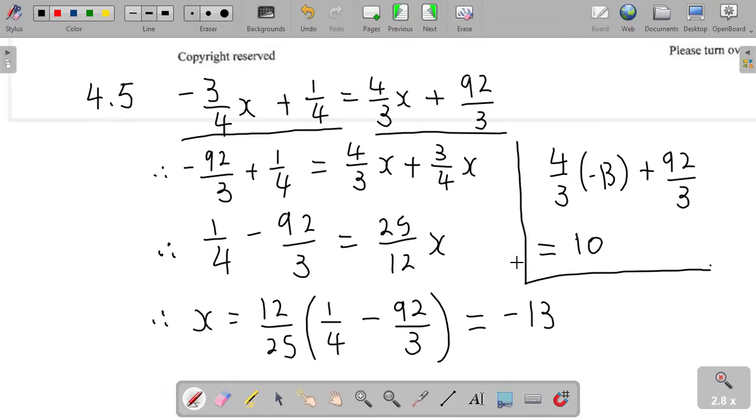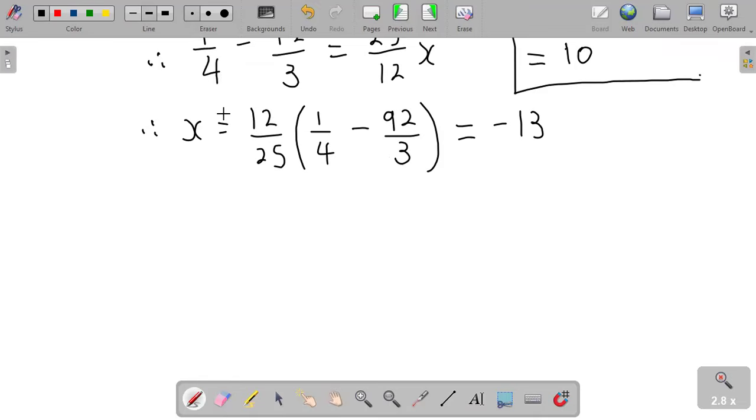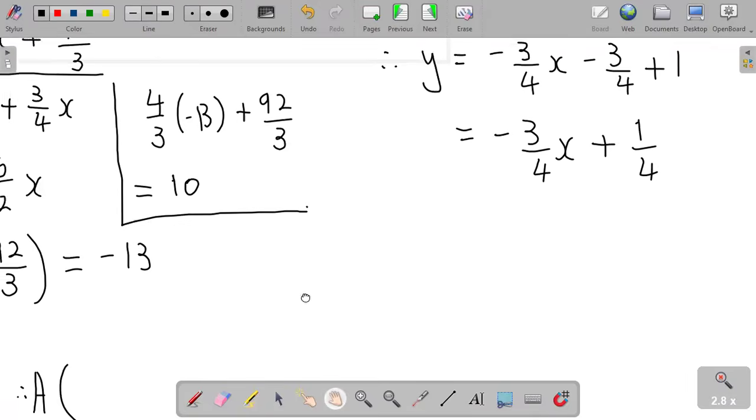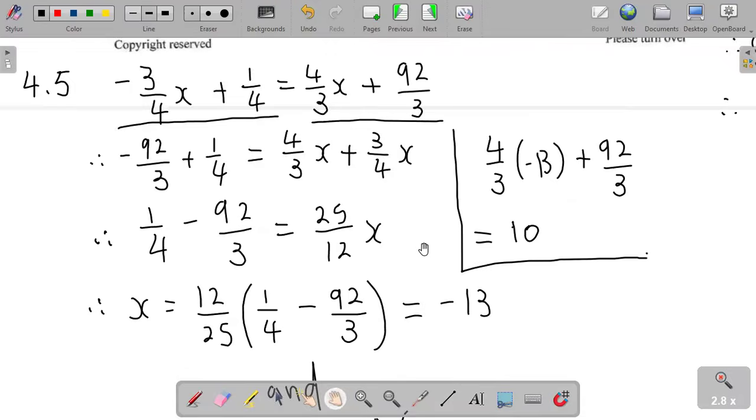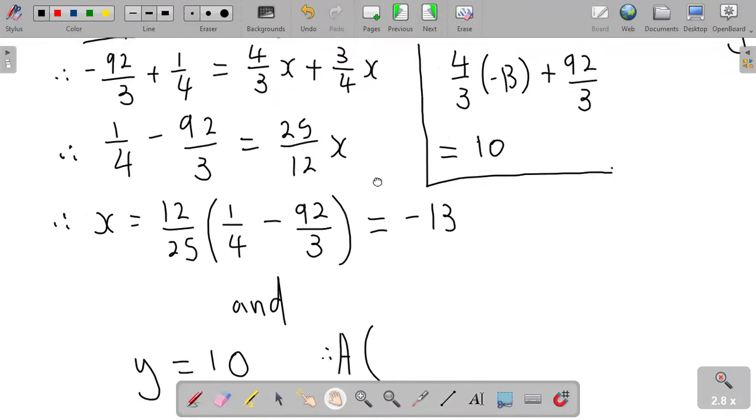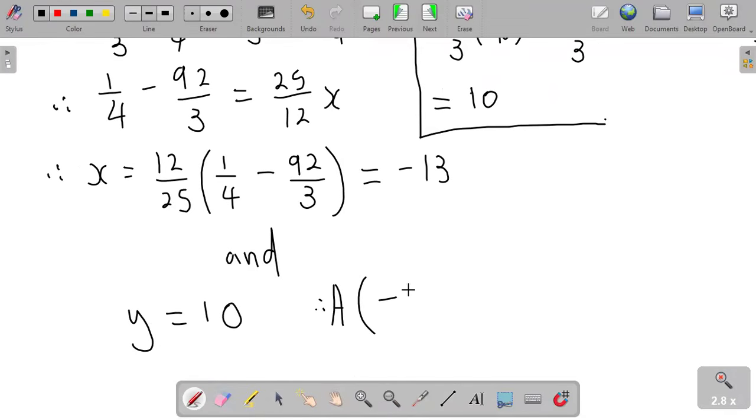Then the x value equals negative 13, and the y value equals 10. So these are the coordinates of A. They want the coordinates of A, so A is negative 13 and 10.